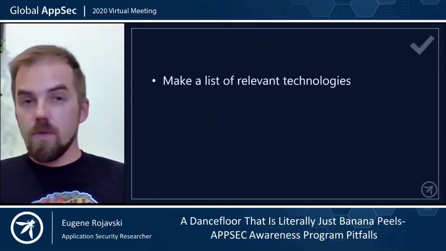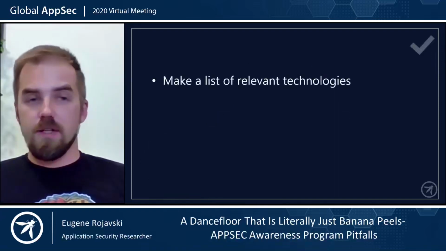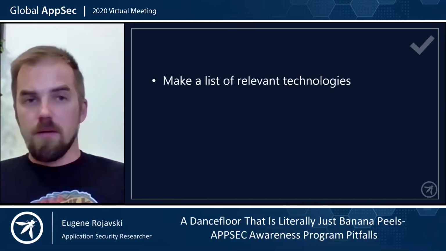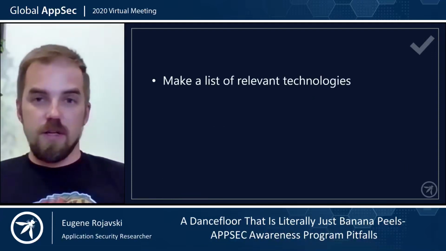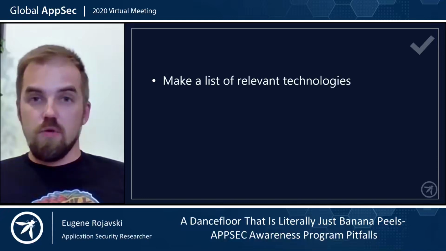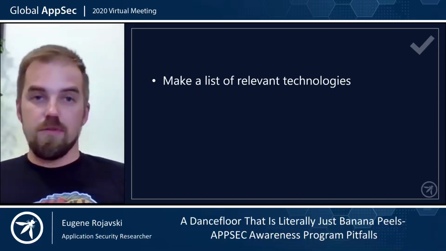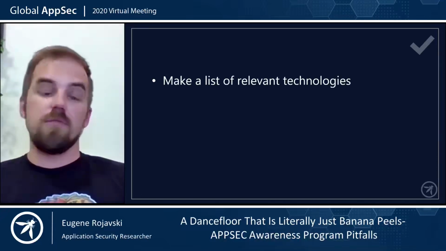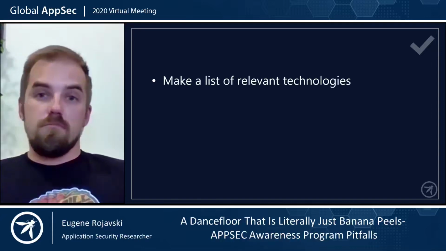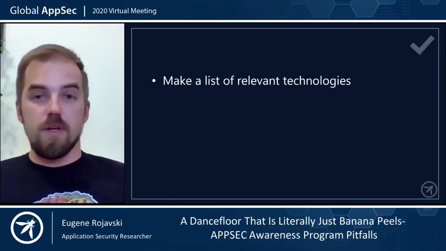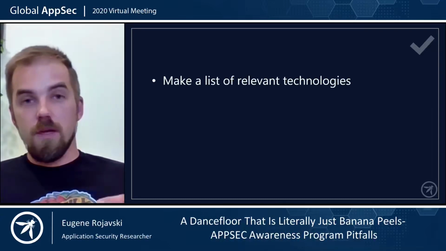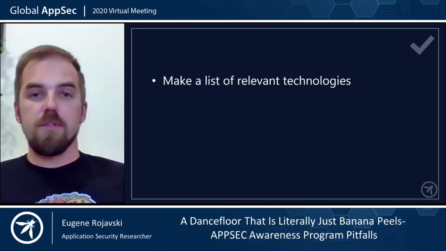And what can you do with that is, first, you can make a list of relevant technologies to give your trainees the relevant material, meaning you just pick up the frameworks, the languages, everything that they use, and then put it into the training material.